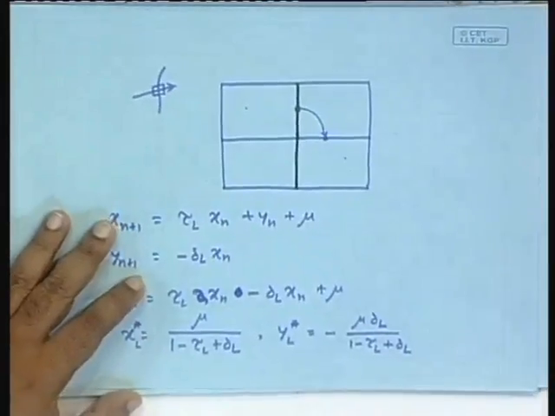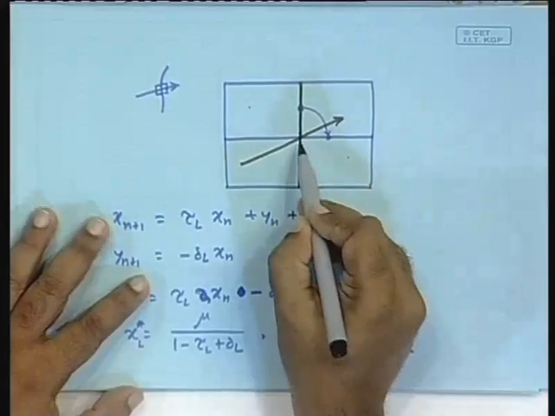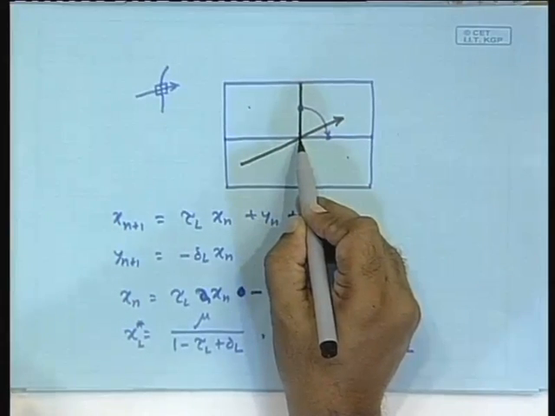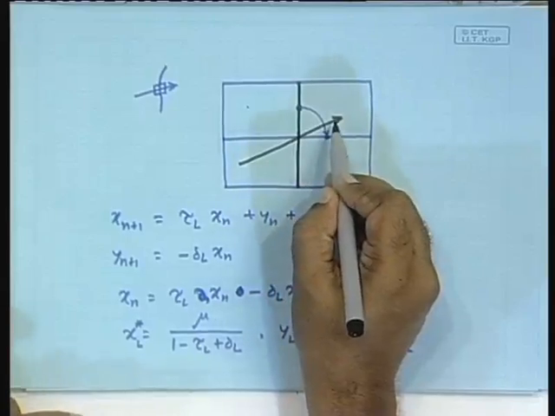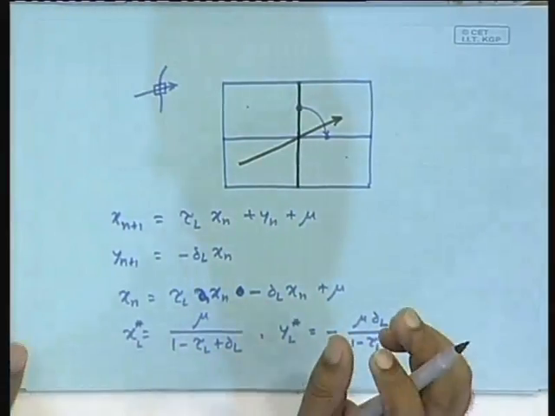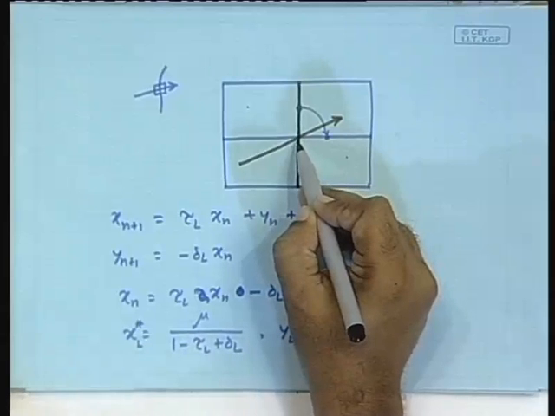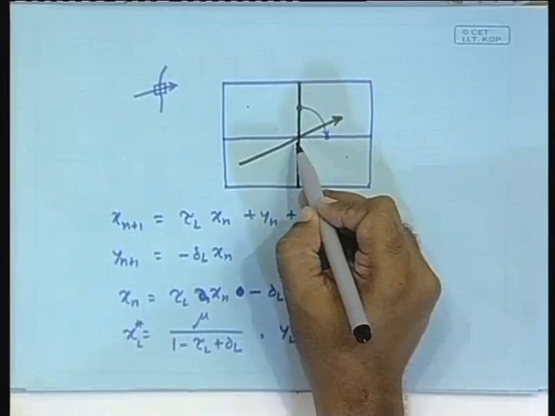Which means that as the parameter is varied, you have a fixed point crossing like this, and at mu equal to 0, it is on the origin. From this side it crosses the origin, it may not cross also, but nevertheless in general, in order to understand, you can say that at mu equal to 0, the border collision occurs.